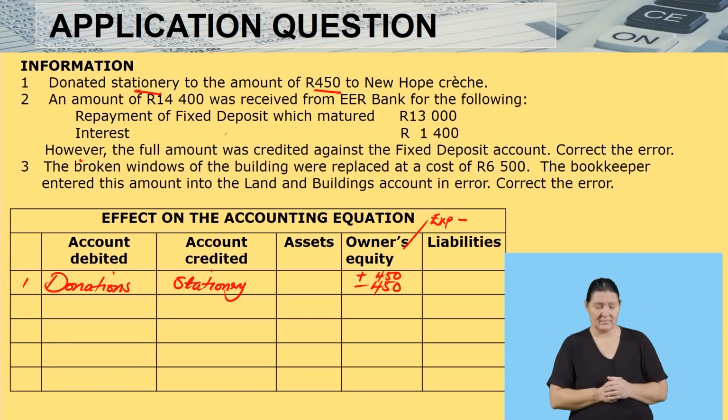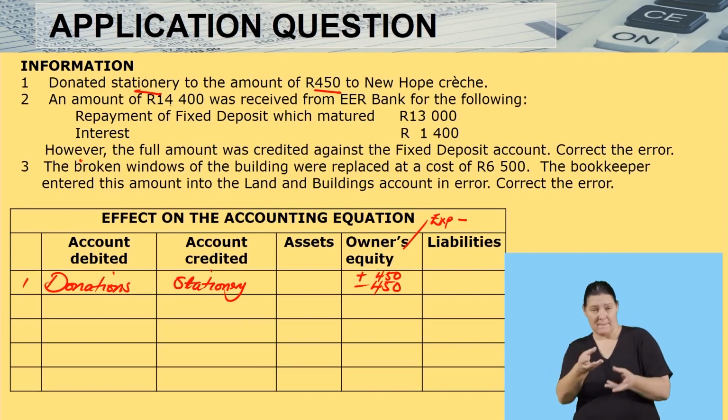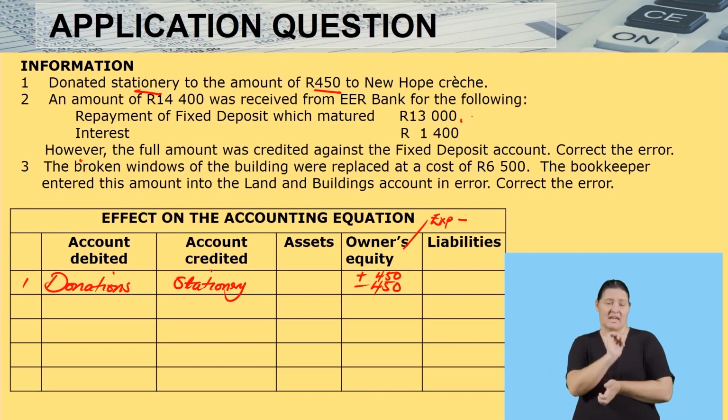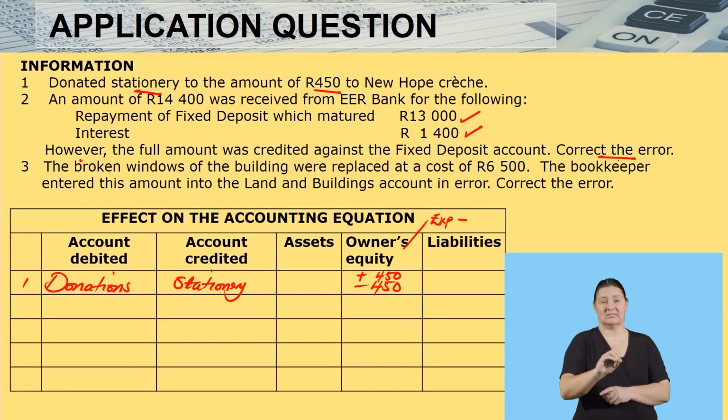It says, an amount of 14,400 was received from ER Bank for the following. Repayment of fixed deposit, which is matured, 13,000, and then the interest is 1,400. However, the full amount was credited to the fixed deposit account, and we know that this is an error which must be corrected.